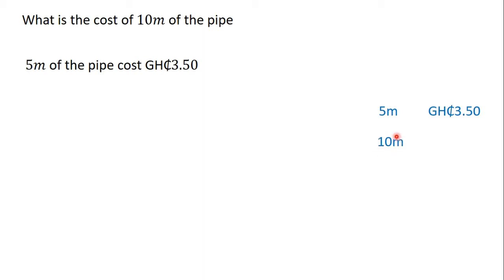If the length changes from 5 meters to 10 meters, then what will be the new cost? Using this rate, we are going to find the new cost when there's the change in the length.